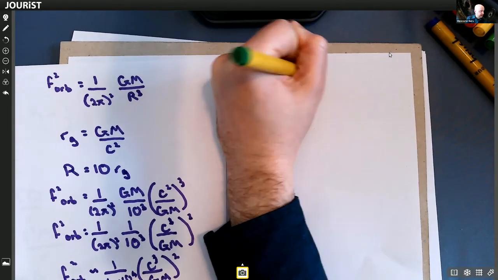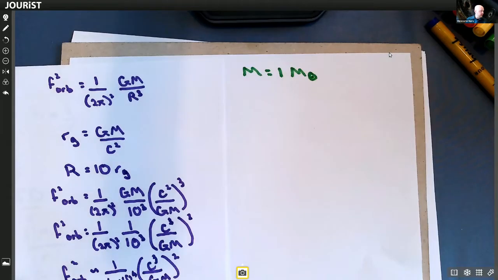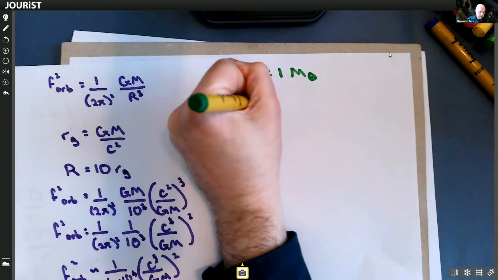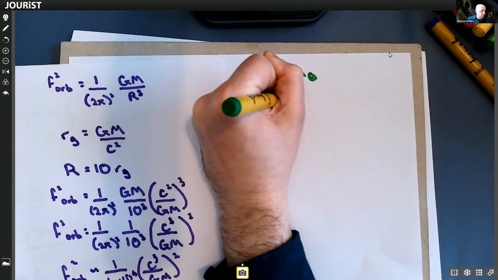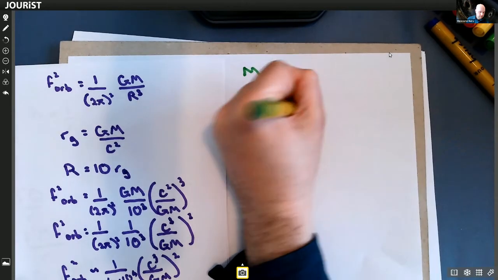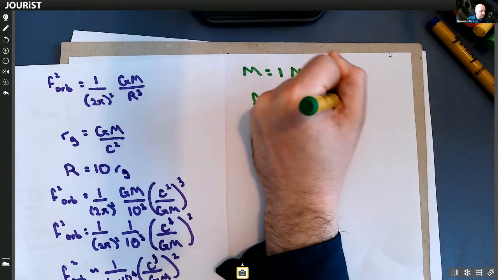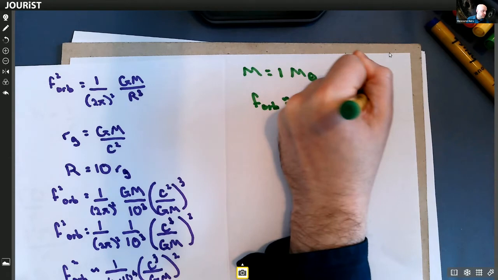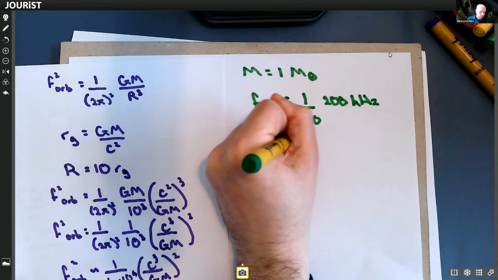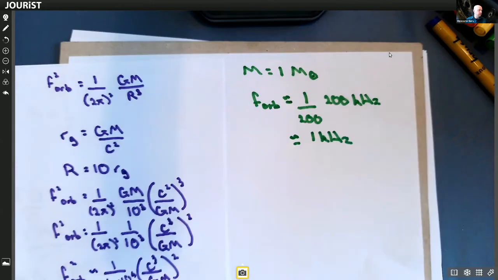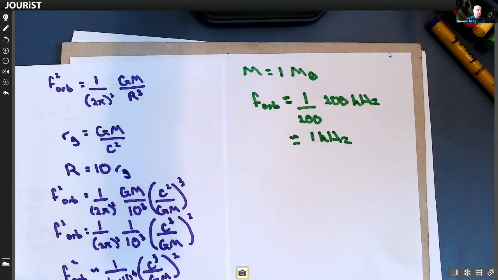If you substitute in these numbers, you'll find that the orbital frequency works out to be something like 1 over 200 times 200 kilohertz. So roughly 1 kilohertz if you substitute in one solar mass. So orbital frequency about 1 kilohertz.